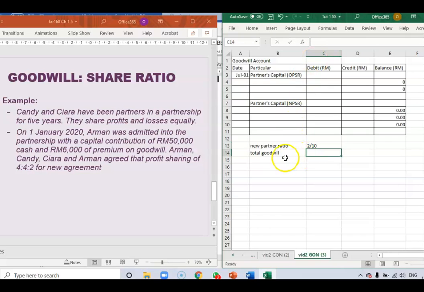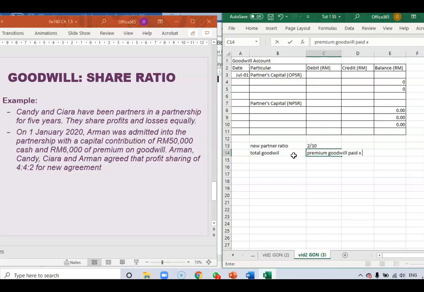So your total goodwill, you need to make it in opposite. So the total goodwill will be the premium goodwill paid multiplied with the opposite ratio. What is it? Terbalik.